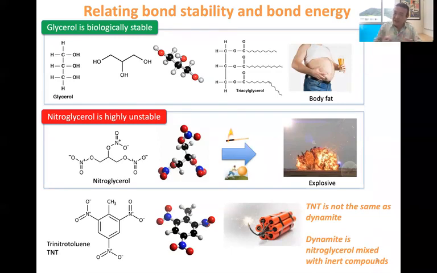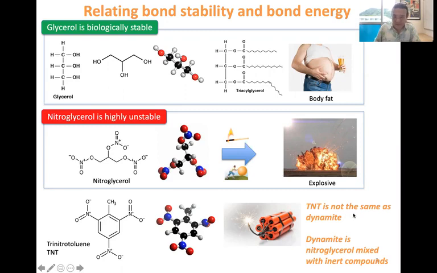So that's why when TNT was invented, it was a much more practical, manageable explosive for different types of purposes. Again, because of the chemical structure, even though the types of bonds that we're talking about breaking and reforming here are the same types of bonds. So this is just a little note that TNT is actually not the same thing as dynamite.